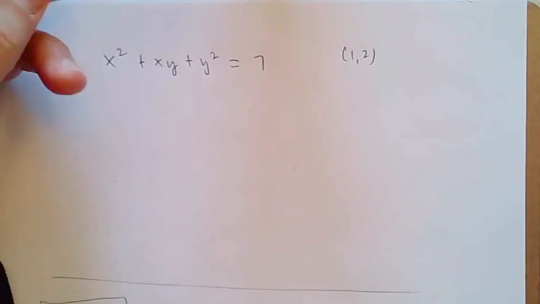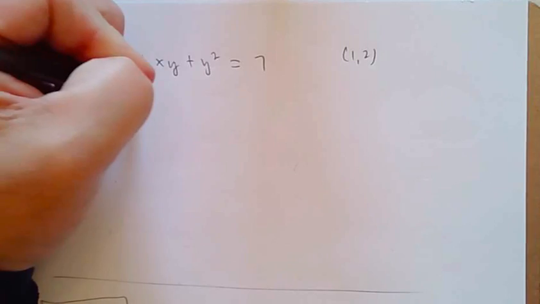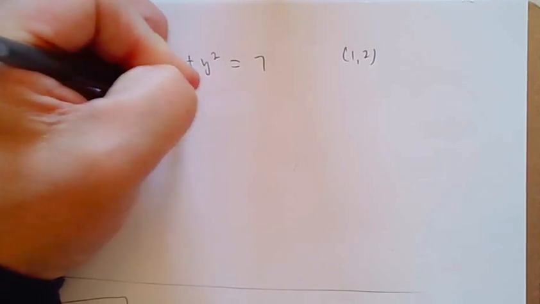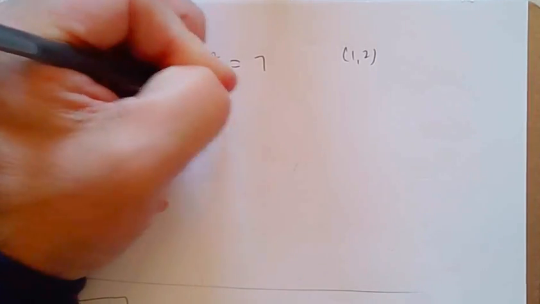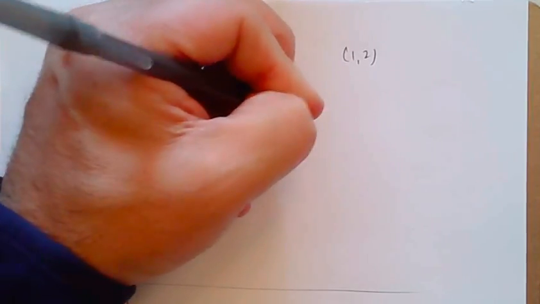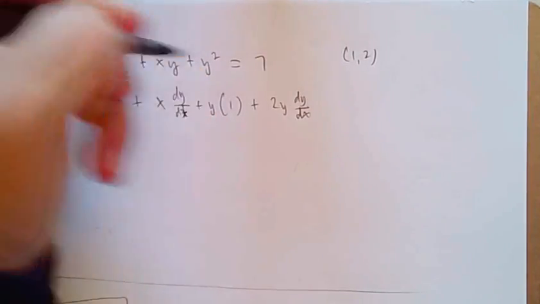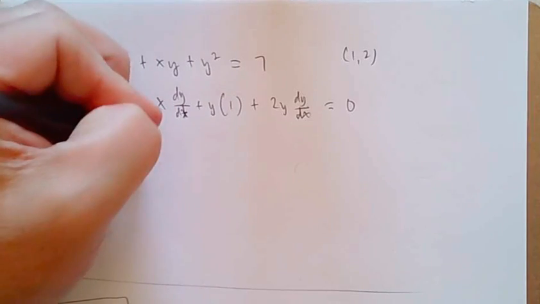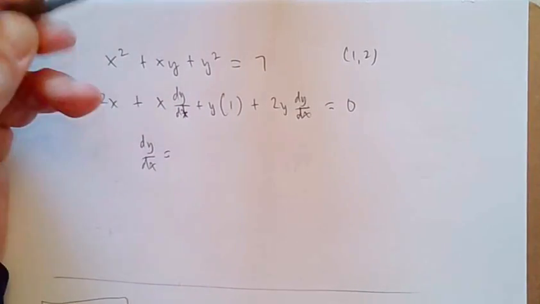Okay, so if we take the derivative, recall that every time you differentiate with respect to y, you include a dy/dx, not dy/dt, dy/dx, and then you solve for dy/dx.